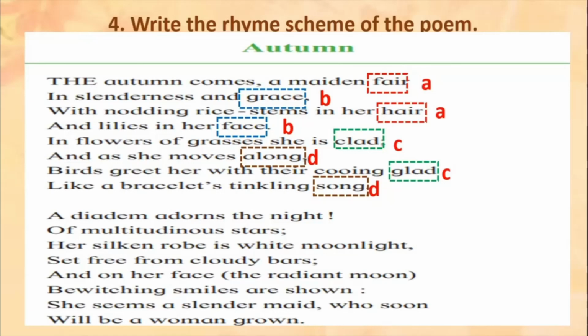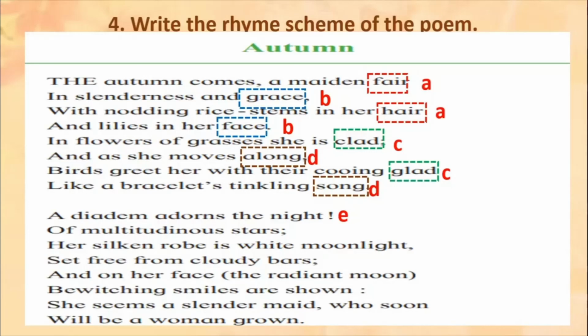Now see, this is the sound of the letter T. So nowhere in the previous stanza have you seen the sound of the letter T. So this is a new sound for us. So let us give it a new name, E. Now it is your job to follow and find out what the rhyme scheme for the second stanza in this poem will be. So children, that was our lesson for today.